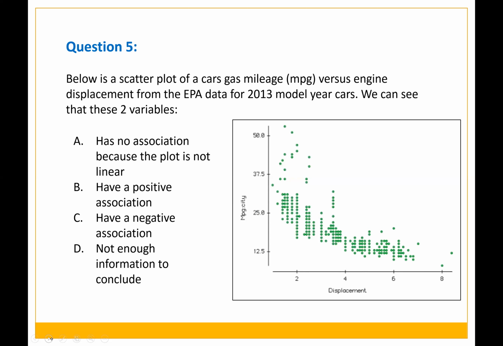Looking at the plot, it looks like most of the points are going downward, so it tells me that between displacement and MPG there can be a negative relationship, and the trend looks very significant. So it can be from moderate to strong strength.